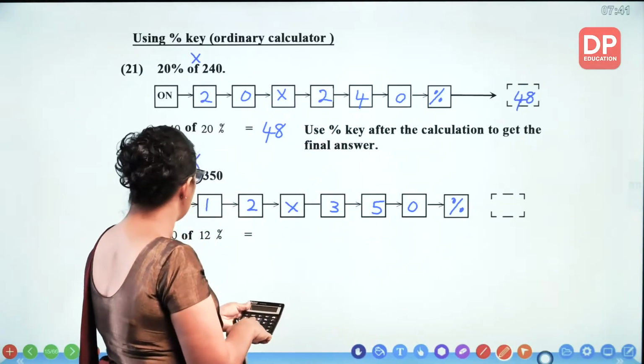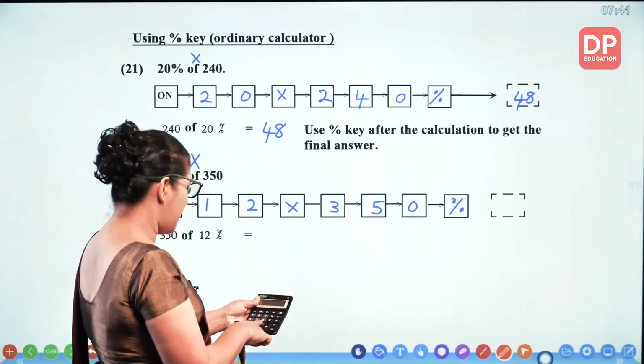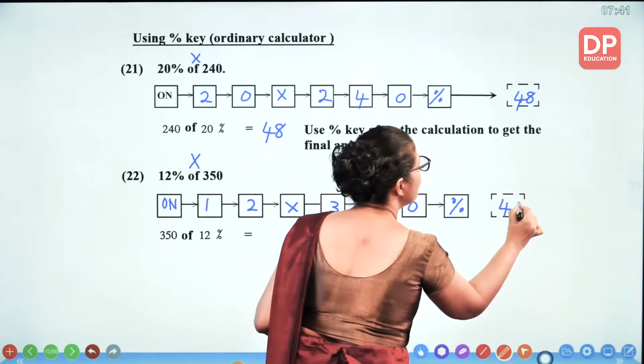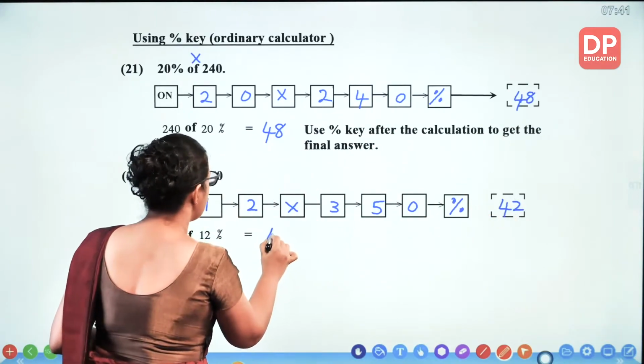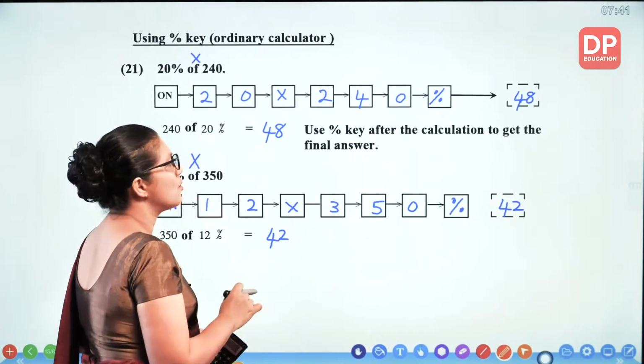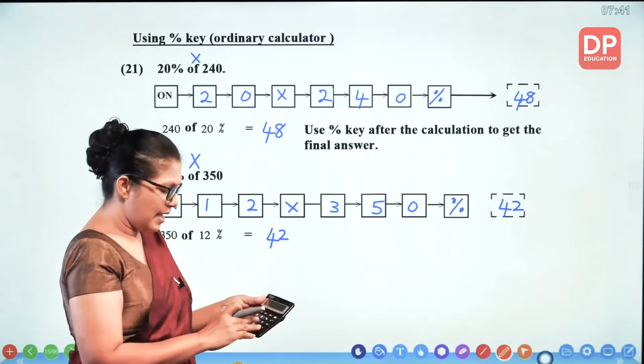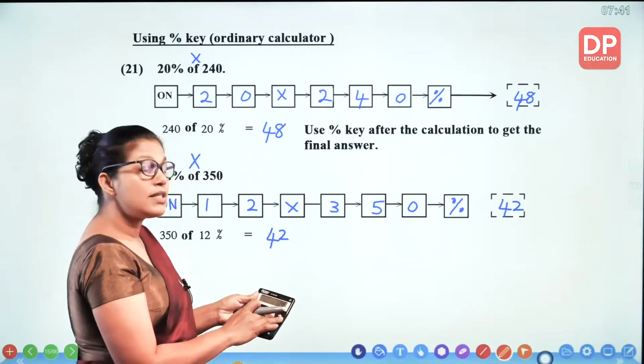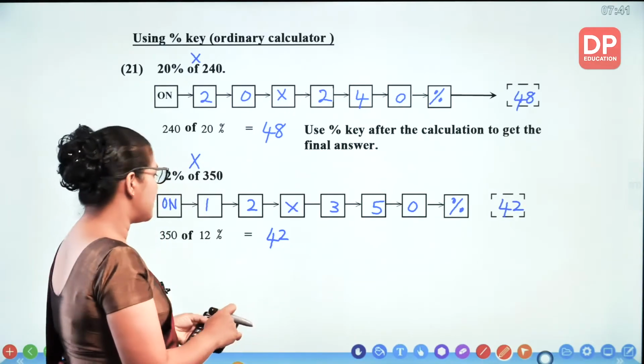So what do you get? 12 multiplied by 350 and the percentage sign, you get 42. So the answer is 42. You don't need to press the equal sign in an ordinary calculator. When you press the percentage sign, you get the answer.